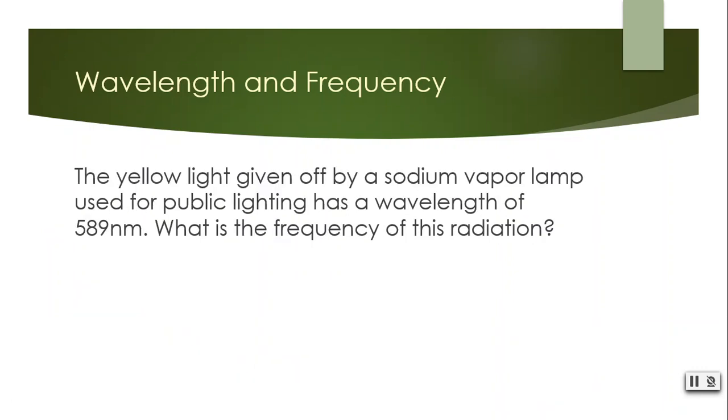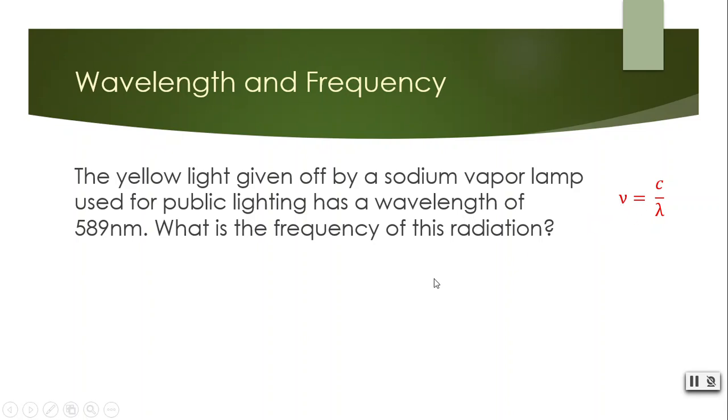So let's go ahead and do some sample calculations. Let's say I have a yellow light and I know that the wavelength of that light is 589 nm, or nanometers. And I want to know what the frequency, the nu, is of that radiation. So I'm looking for this little v, which is nu.